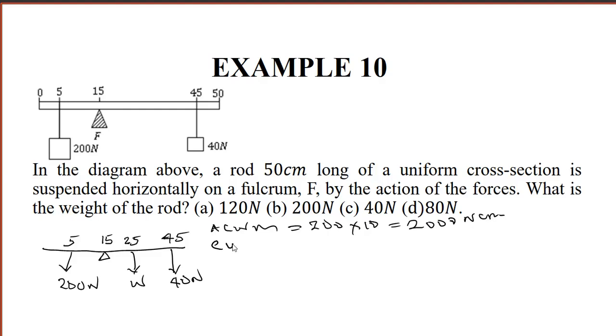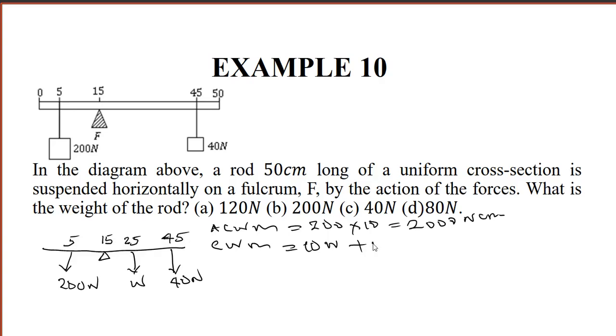Now, clockwise moment will be what now? From 15 to 25 is 10 centimeter. So that will be 10W, that is weight times distance, plus from 45 to 15, that will give us 30.